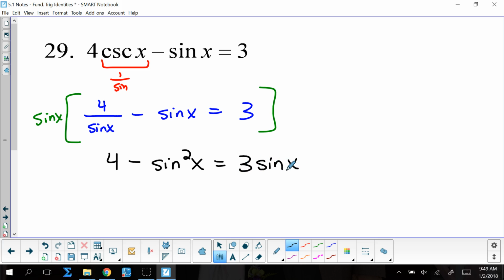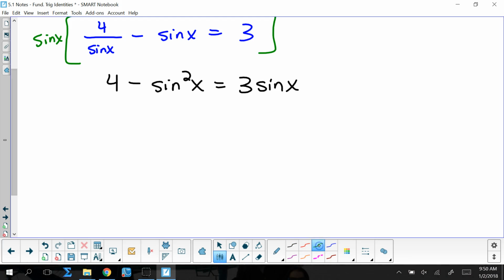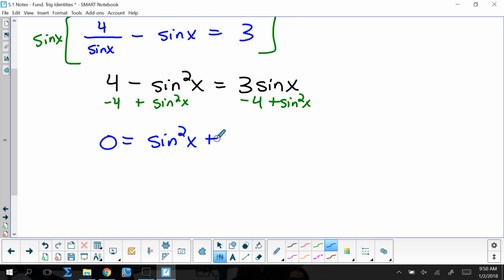Yes? Left or right am I going? Going to the right. So that gives me 0 equals sine squared of x plus 3 sine of x minus 4.